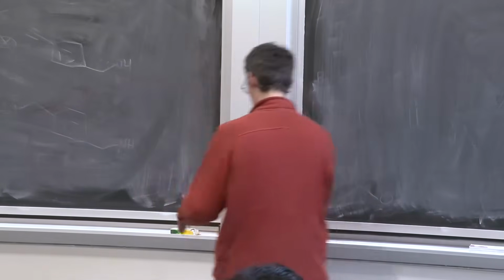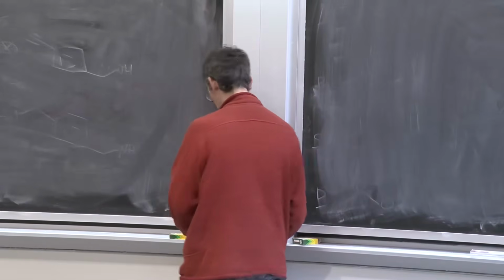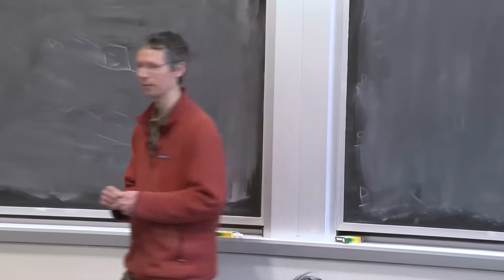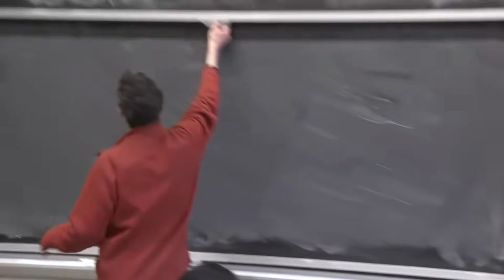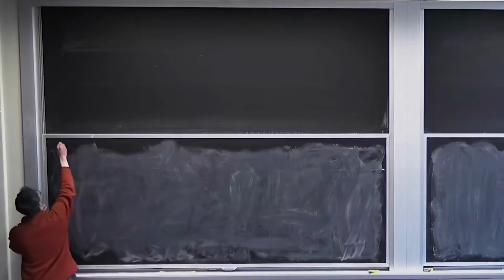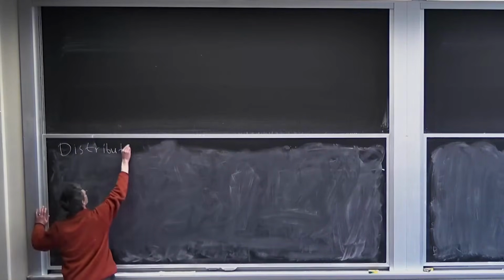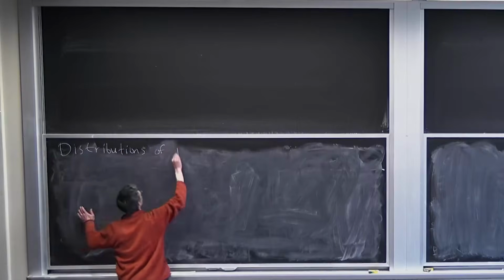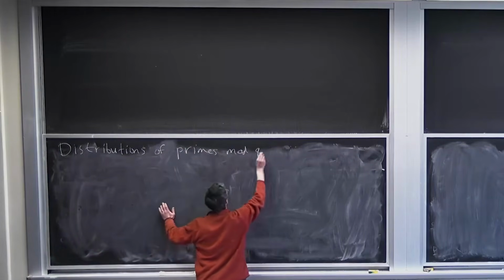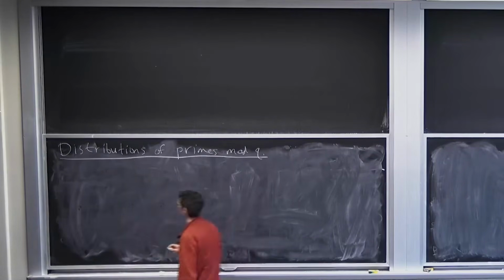OK. So first we'll do some background. First we'll talk about what is known about how prime numbers are distributed modulo q. All right.